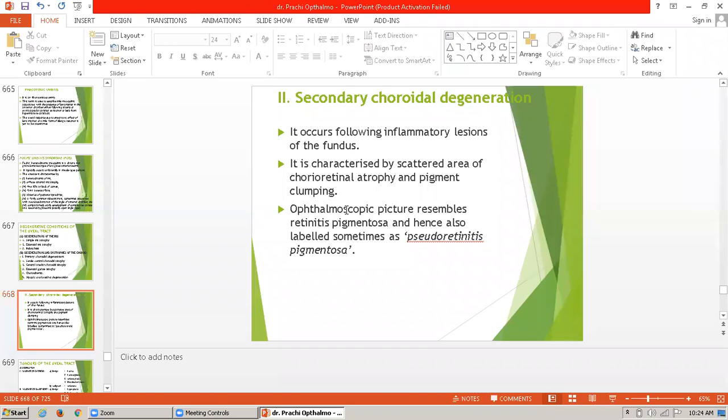Ophthalmoscopic picture resembles retinitis pigmentosa, and hence also labeled sometimes as pseudo-retinitis pigmentosa.